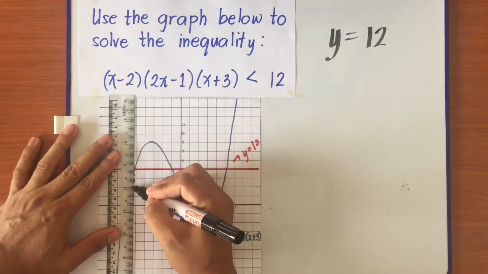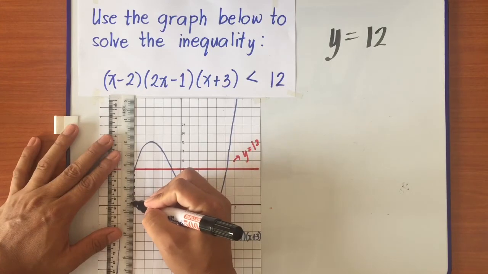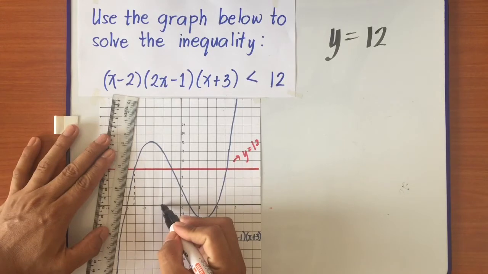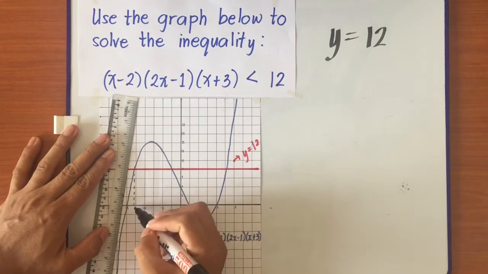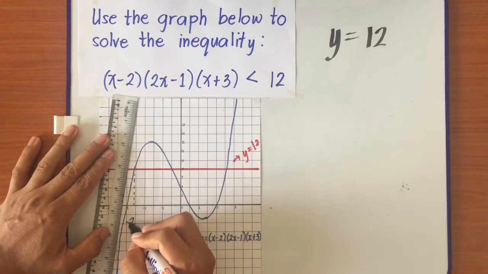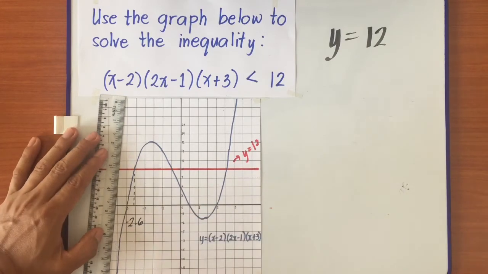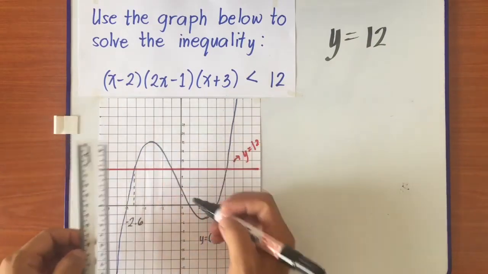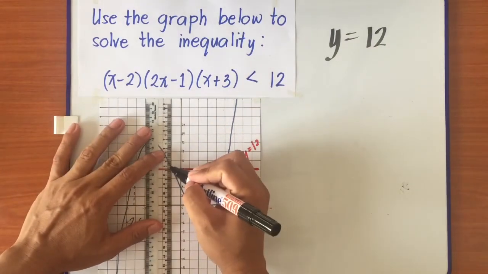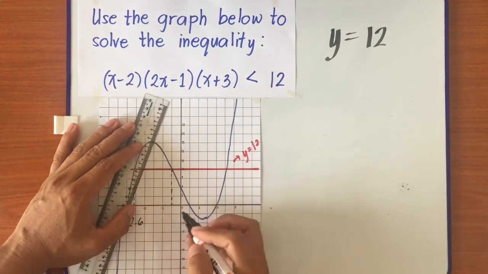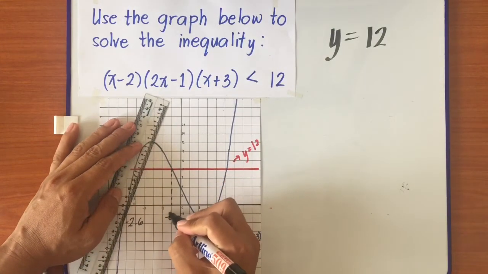So let's take a look at the value of this one. It's above 2.5. This is -1, -2, -3. This is -2.5, so it might be -2.6. Another intersection is this. It's exactly, this is -1, so this part is -0.5.